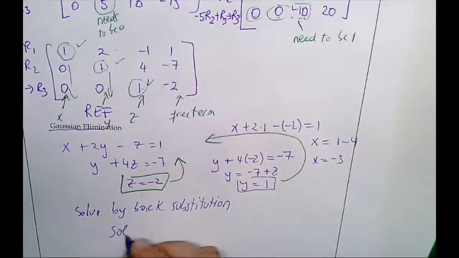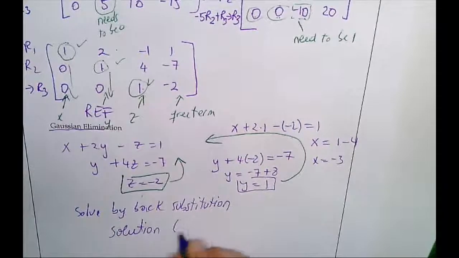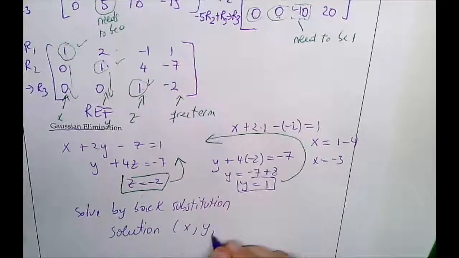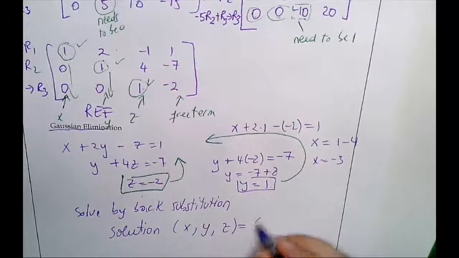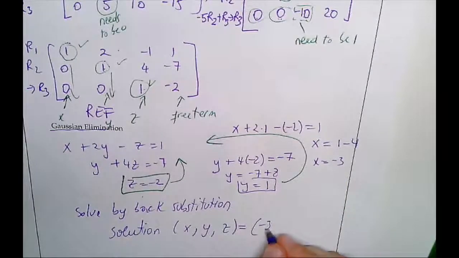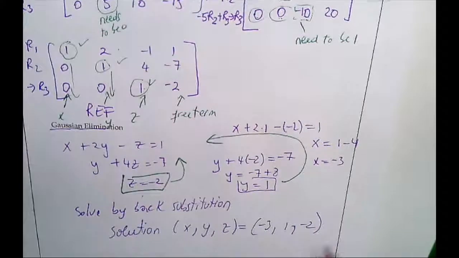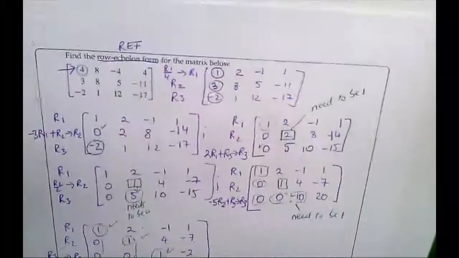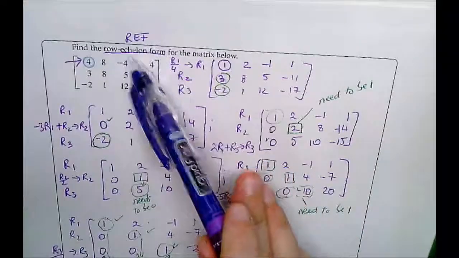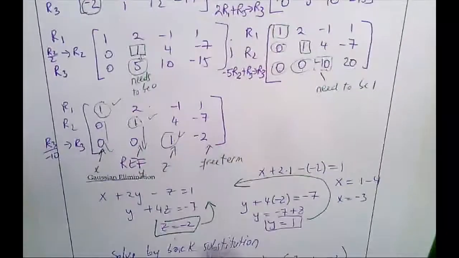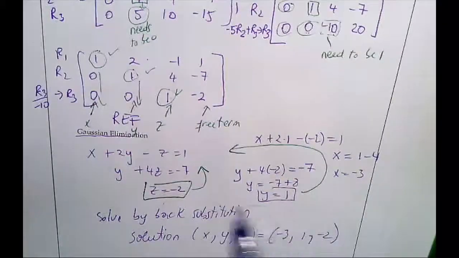So the solution is the triple x, y, and z, because I have 3 variables. X is negative 3, y is 1, and z is negative 2. So this is how we can use the row echelon form to get the solution for a system of equations.